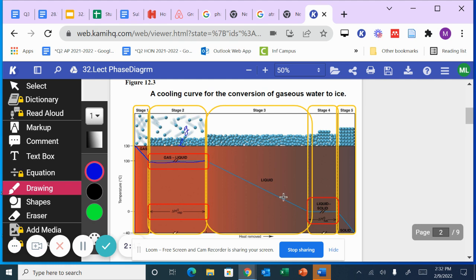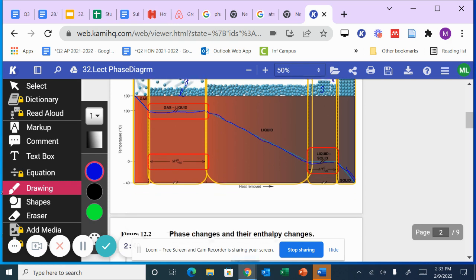And then once all the gas is gone and condensed to liquid, the water will get colder and colder until at 0 degrees Celsius, it'll freeze, and you have both solid and liquid at equilibrium. And then once all the liquid is gone, then it's just the solid getting colder and colder. Okay.